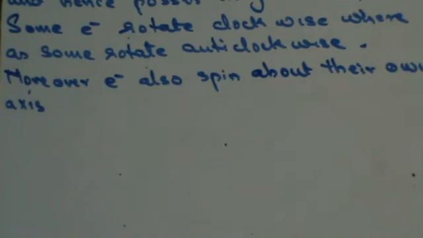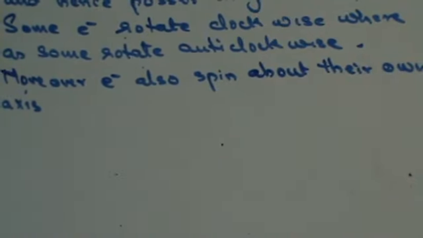Now, because of this spinning about their own axis also, they are going to possess some motion. Charged particle moving means that gives rise to current, current gives rise to a magnetic field, right?